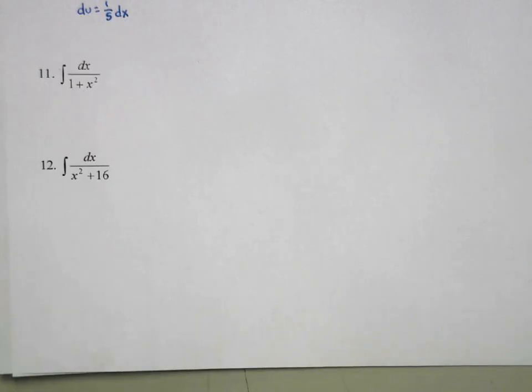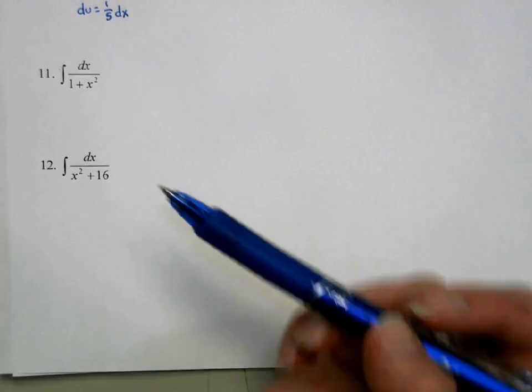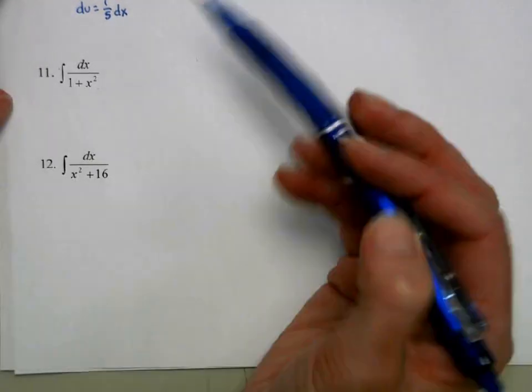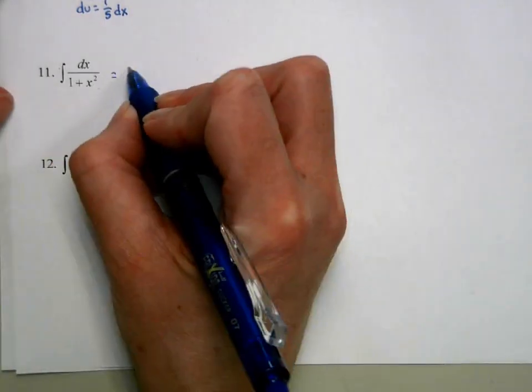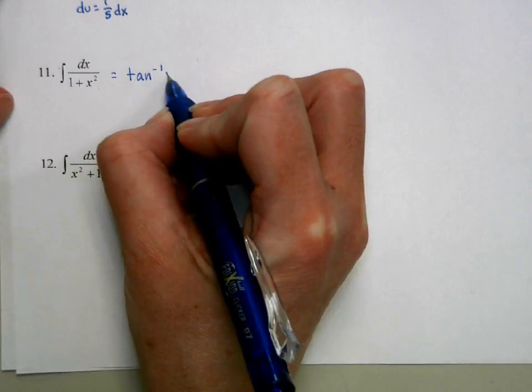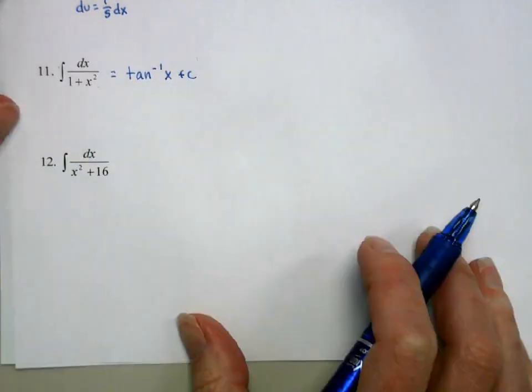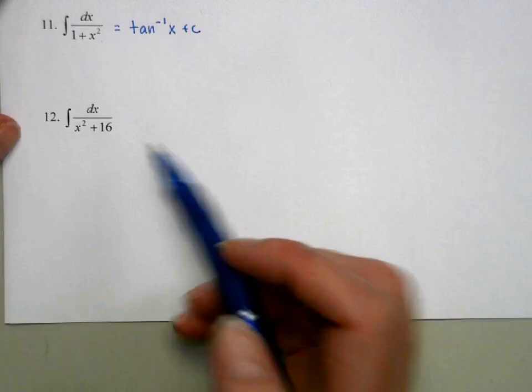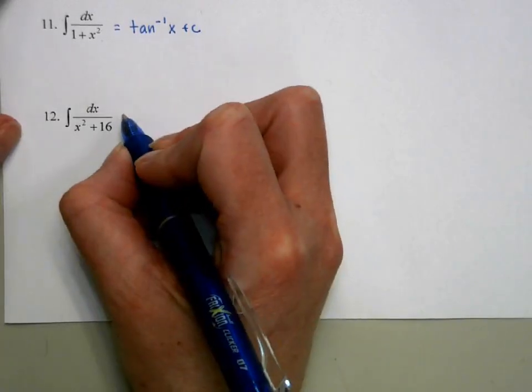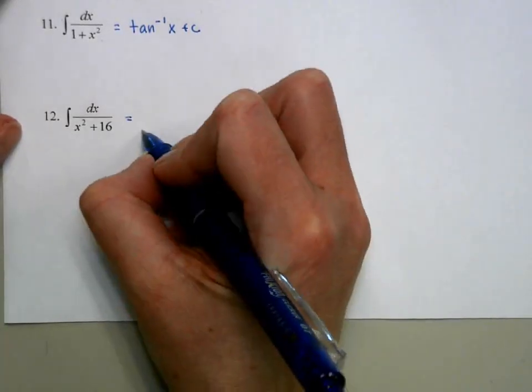Okay, this one is a rational function, but we have 1 over 1 plus x squared, which is the derivative of tangent inverse. Okay, this one's close to that, but that 16 is kind of messing us up. So I'm going to factor that out like I did last time.